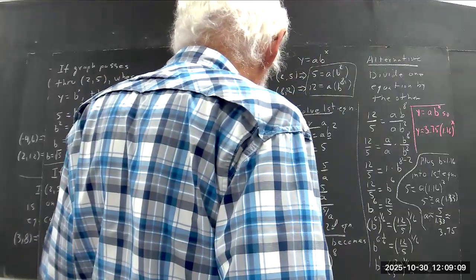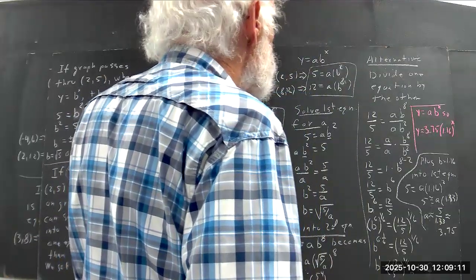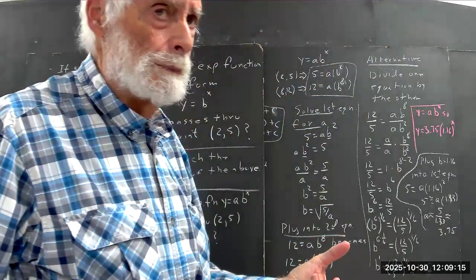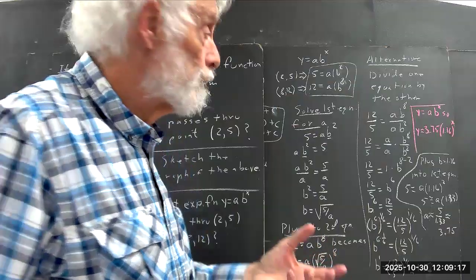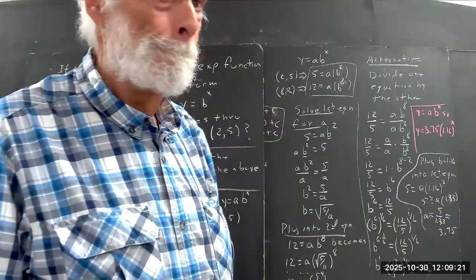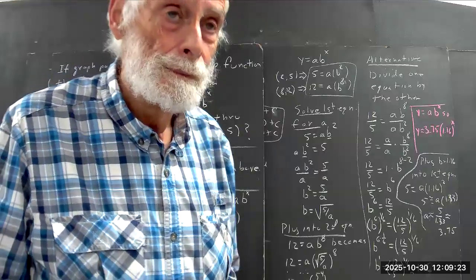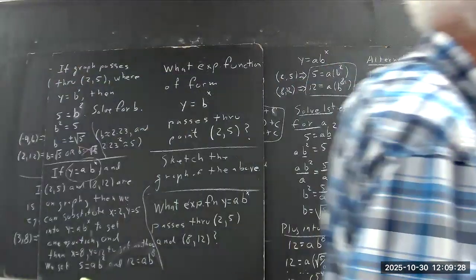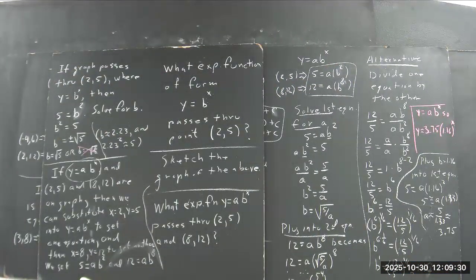So could you quickly sketch a graph of an exponential function that goes through these 2 points? I'm getting a lot of blank looks there, but you start by drawing those 2 points on a graph.